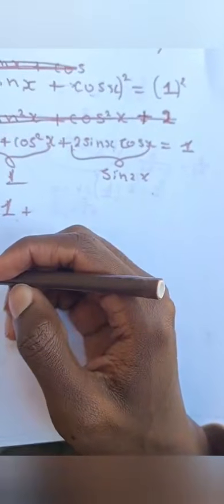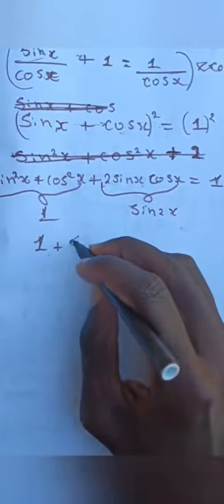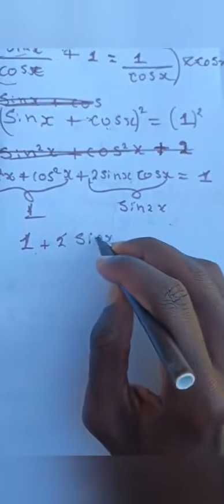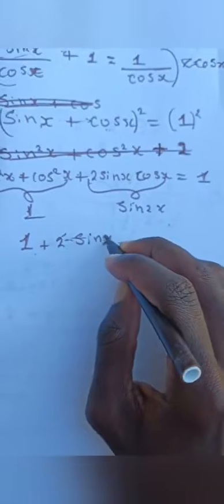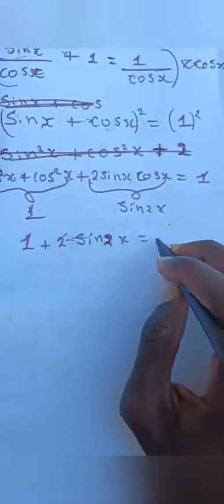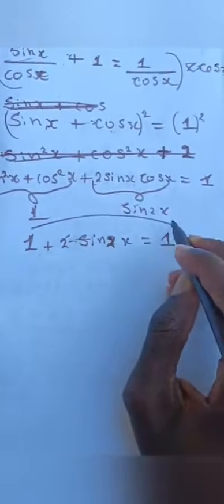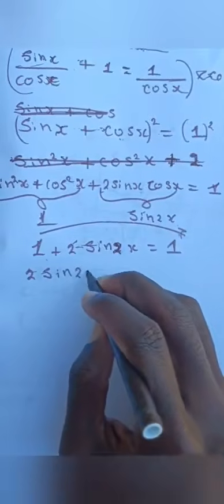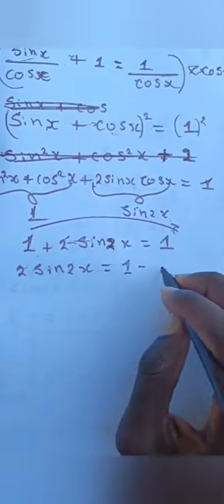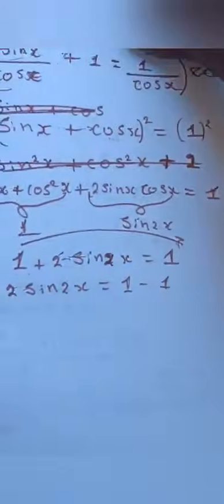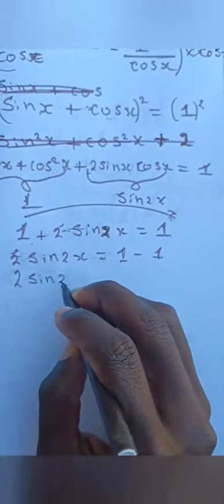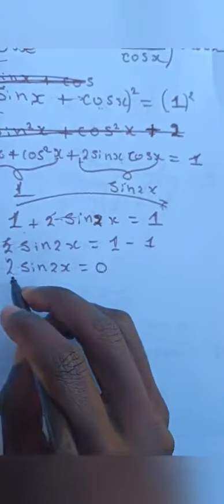So I'll take the 1 to the other side, and I'm going to remain with sine 2x is equal to 1 minus 1. So sine 2x is equal to 0.